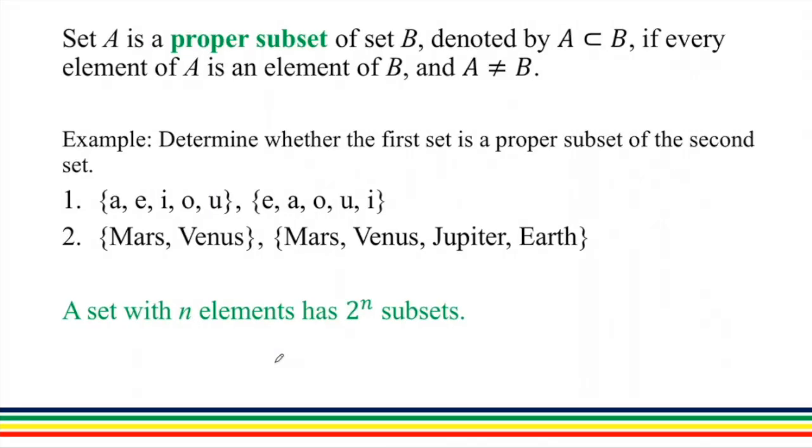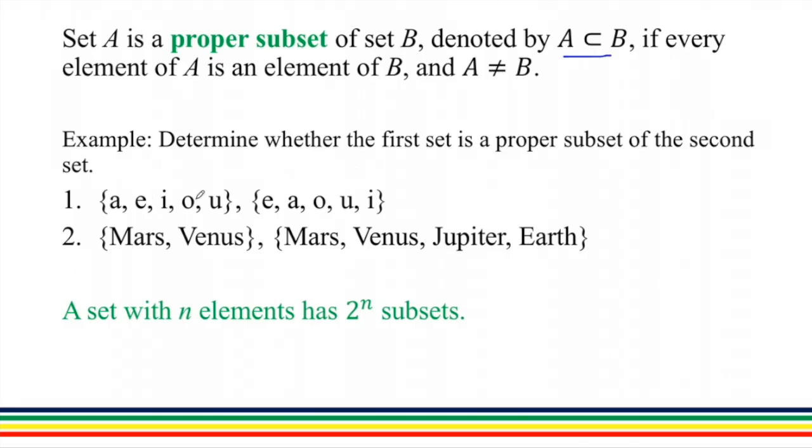Set A is a proper subset of set B, denoted by this symbol here, if every element of A is an element of B and A is not equal to B. Let's determine number 1. {A, E, I, O, U} and {E, A, O, U, I}.